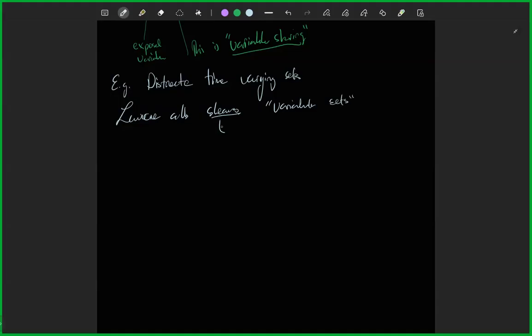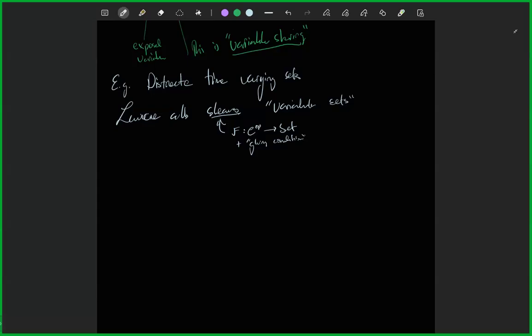A sheaf is a special kind of functor, which is a contravariant functor into Set, plus a so-called gluing condition. We're going to just do discrete time, and this will let us avoid any gluing condition for now.